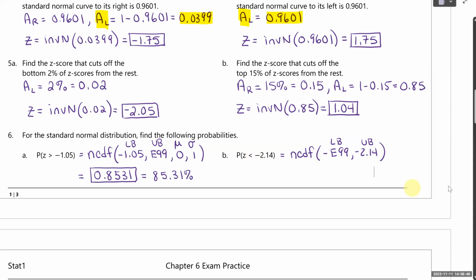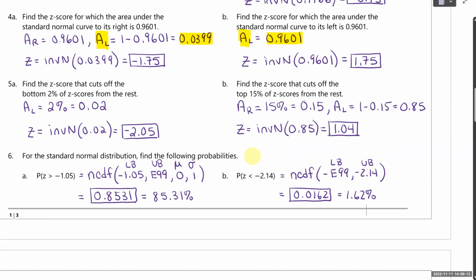And again, you can skip the 0, 1 for z-scores and enter that and check. It should be 0.0162. And again, just for practice here, 1.62% of z-scores will be smaller than that value.